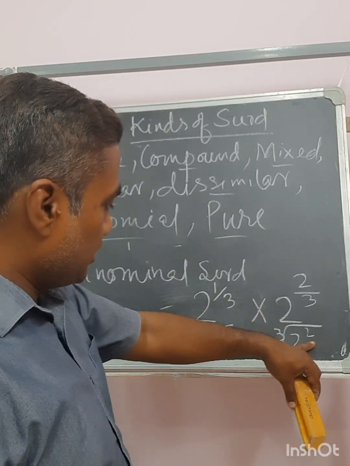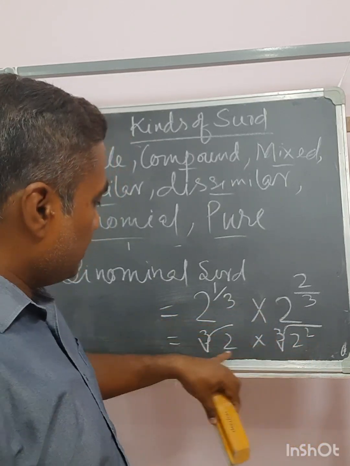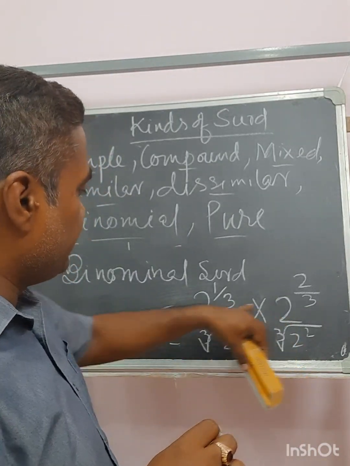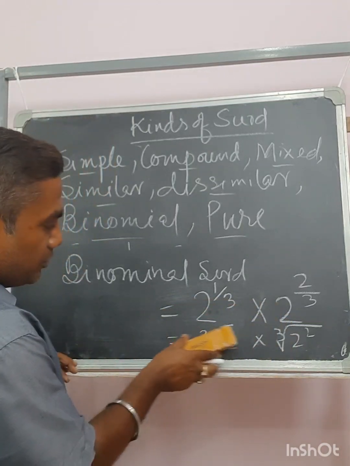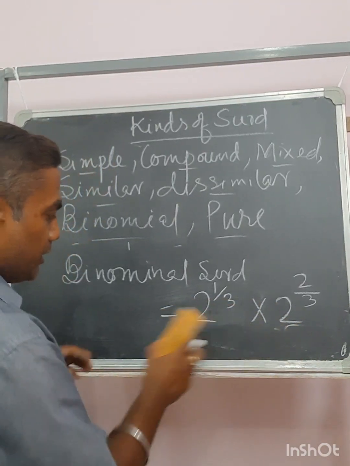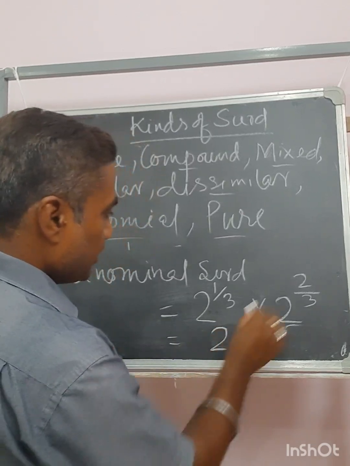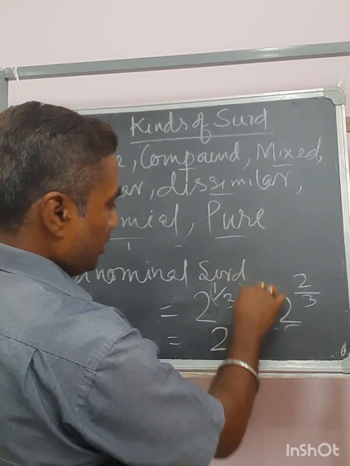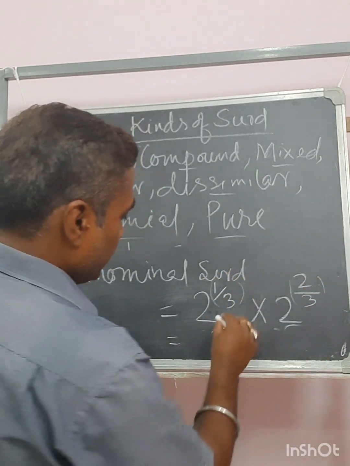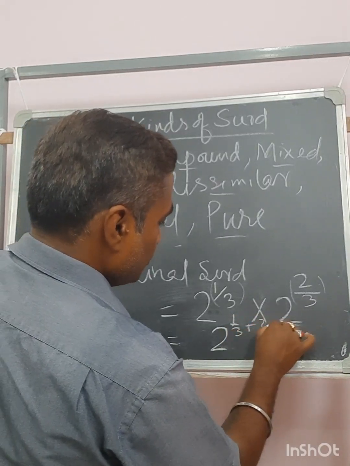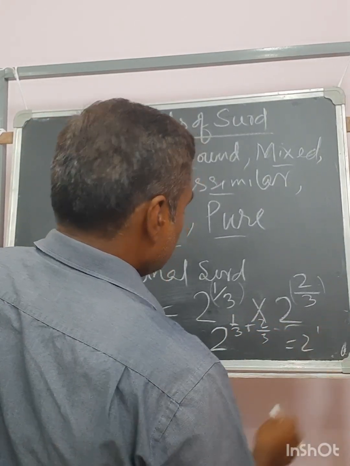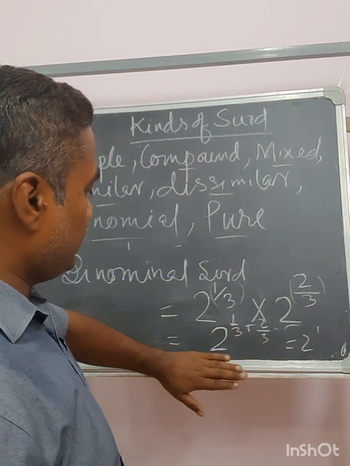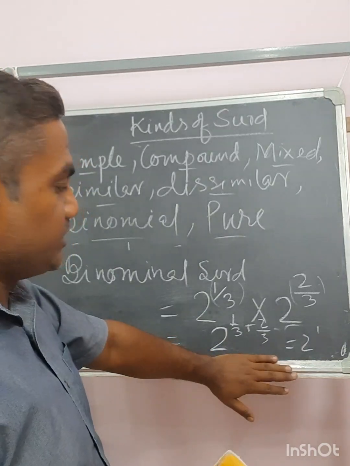If I am not converting into 4, it is 2 initially. So if the bases are the same, then instead of doing any calculation, I will straightaway bring the 2 here and club them, because by the multiplication rule the powers will be summed up. So I will write 1/3 plus 2/3, that means 2 to the power 1.